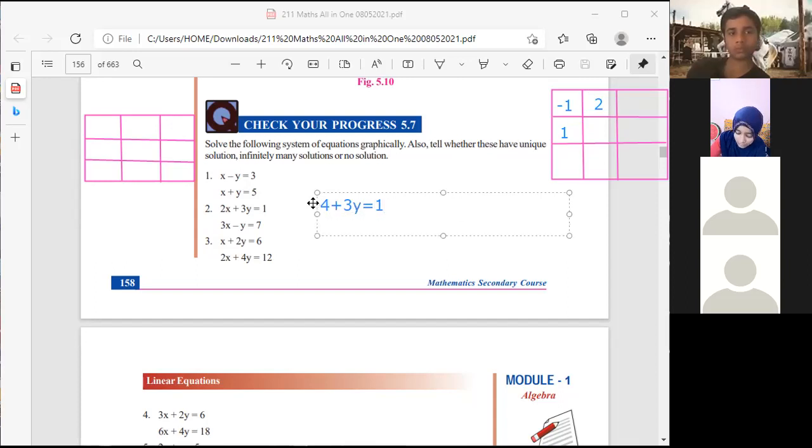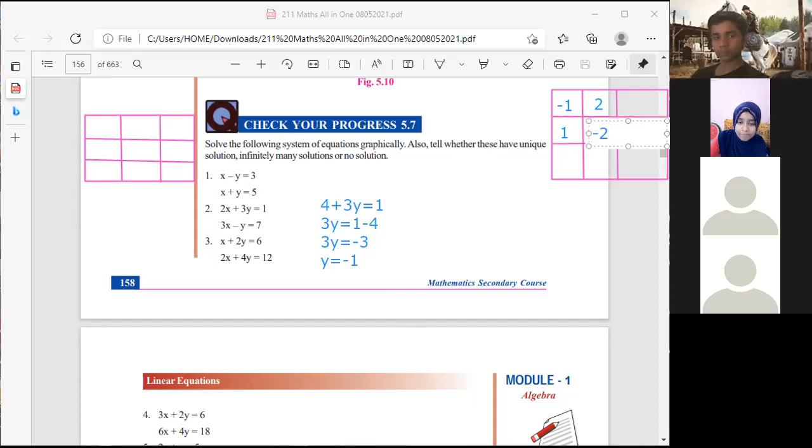So what do I get? Yes, ma'am. 3y is equal to 1 minus 4. That means 3y is equal to minus 3. y is equal to minus 3 by 3. I'm going to get minus 1. Am I right?